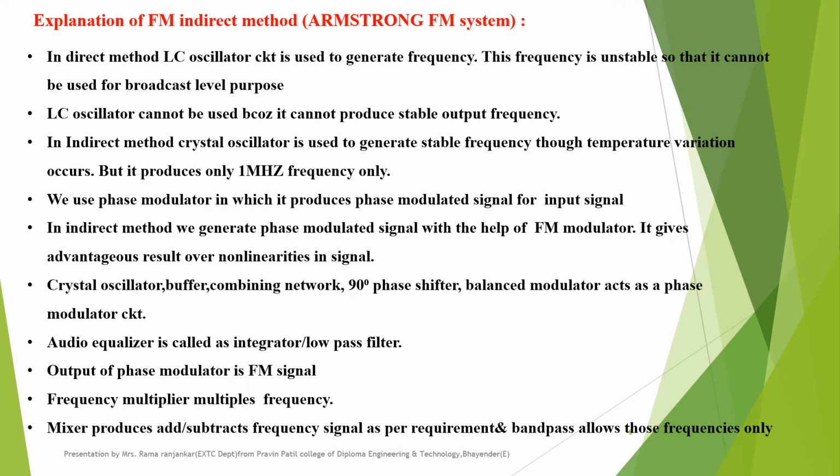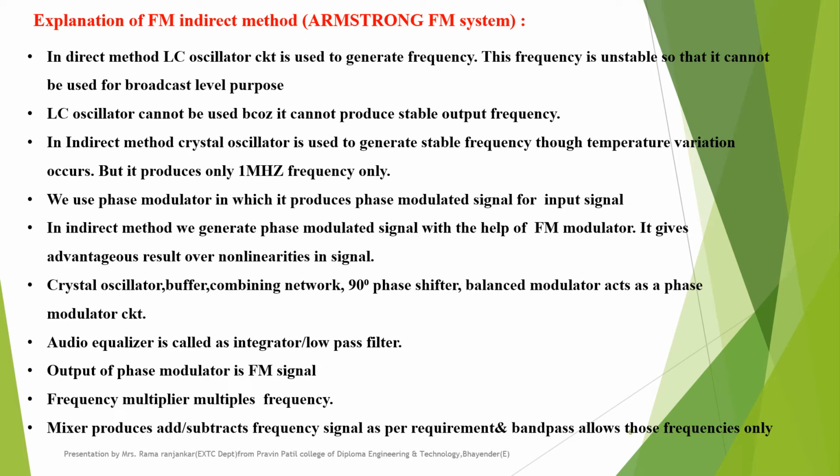Crystal oscillator, buffer, combining network, 90-degree phase shifter and balance modulator act as the phase modulator circuit in the indirect method. The audio equalizer is used. It is called an integrator and low pass filter. The output of the phase modulator is the FM signal.